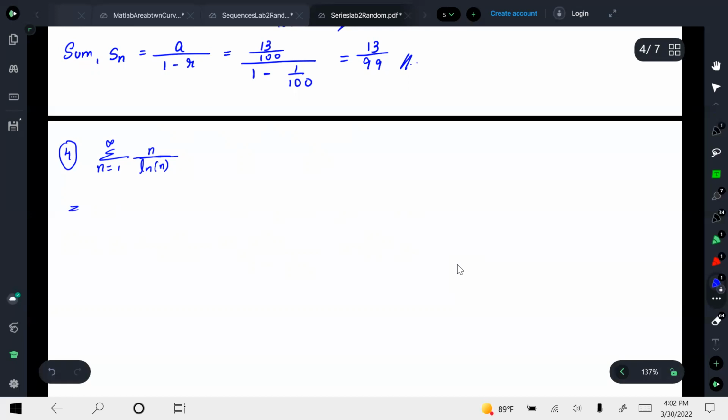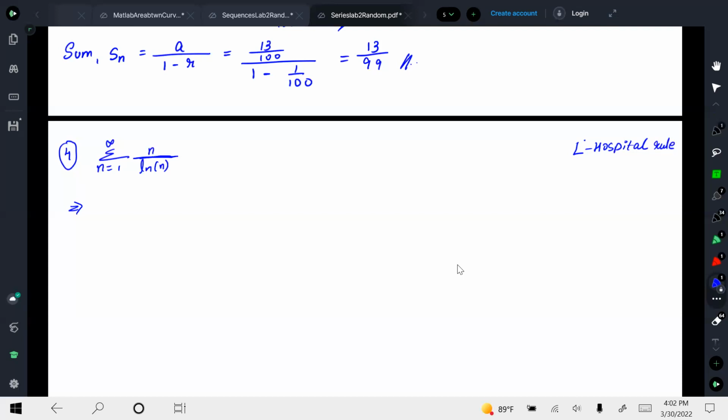Now, you must know about L'Hospital's rule. I taught you in the previous lab. We apply L'Hospital's rule when we are not able to solve the following directly. You need to simplify n divided by ln of n.